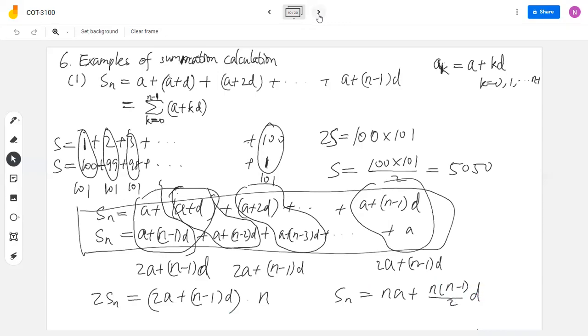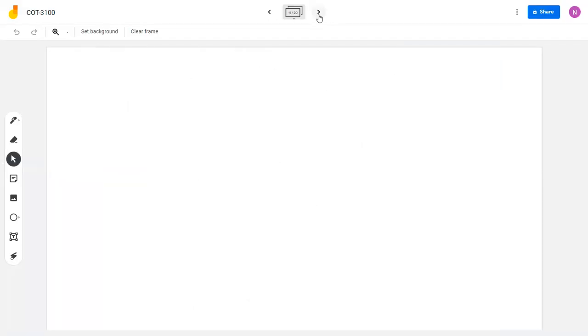Okay, maybe you find that such a formula is not easy to memorize, but I will tell you a way of memorizing this, so that you also understand. I will call this the trapezoid method, because for an arithmetic progression, the terms look like this. This is a1, this is a2, and then you have an. So it's just like a trapezoid. The sum is just the first term plus the last term.